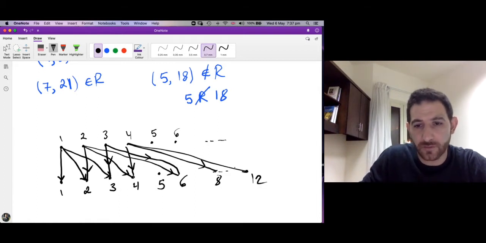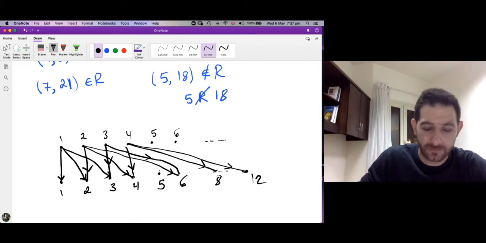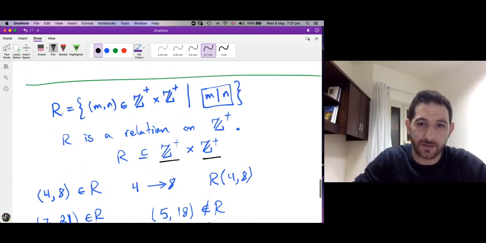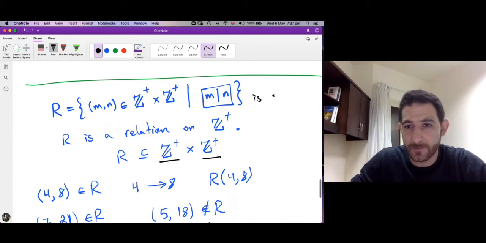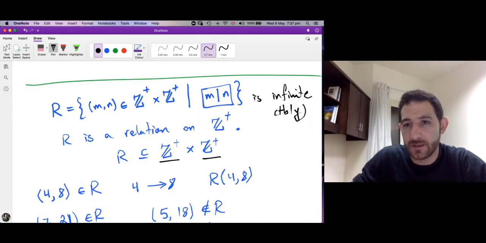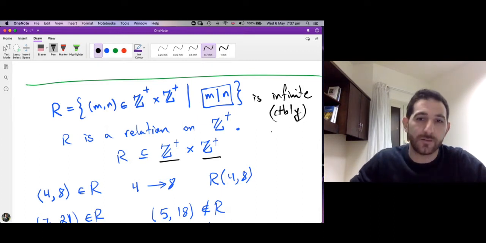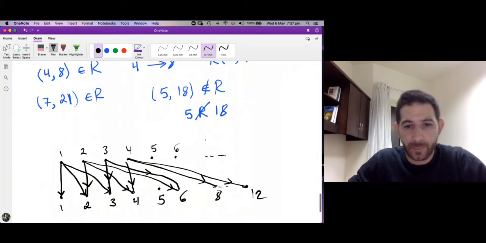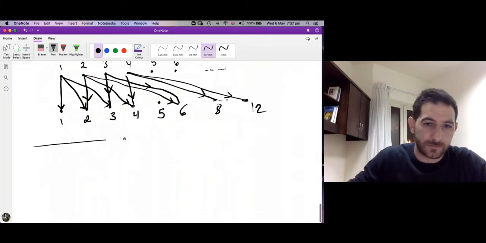And so on. So we have infinitely many arrows, because this set is infinite. R is infinite here. But it is countably infinite by the snake argument. We can list all the elements of R here.